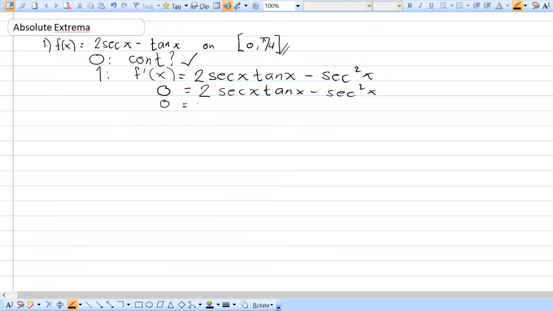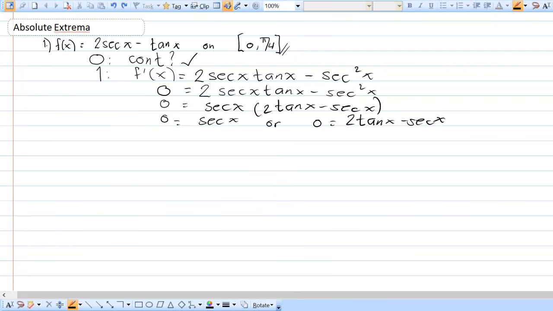So, factor out secant x to get secant x times (2 tangent x minus secant x). Find the 0. So, 0 equals secant x or 0 is equal to 2 tangent x minus secant x.